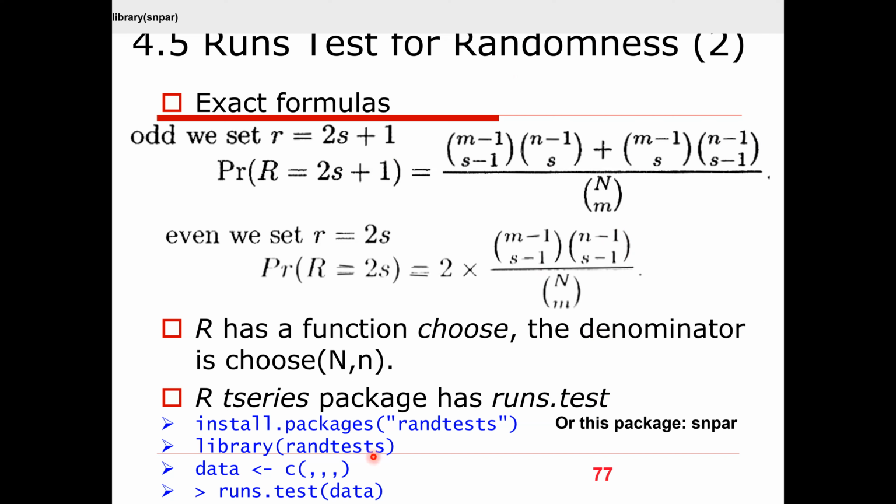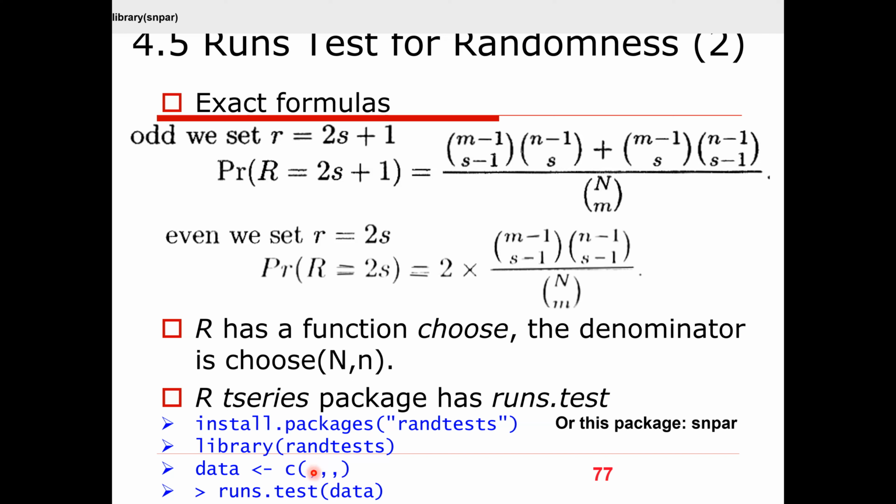In R, we can use runs.test. It can be from different packages, depending on your R version. For my version, I need to install the package runs.test, then use library(runs.test), and then the data we can define like this.